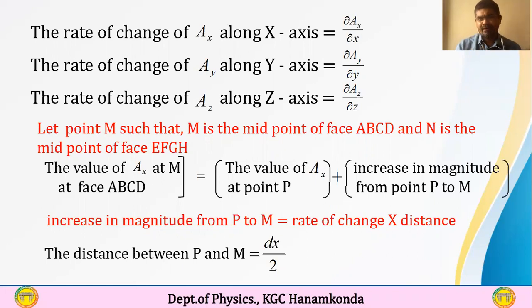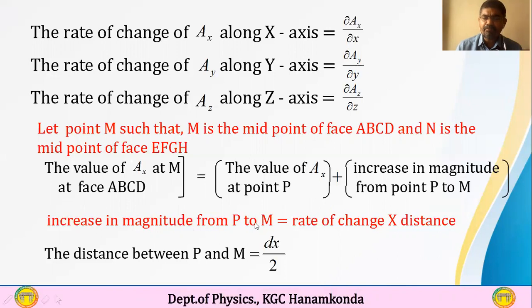Now, I am calculating the value of Ax at point M on face ABCD. Therefore, the value of Ax at M is given by the value of Ax at point P plus the increment when this field is expanding from P to M. When we add this increment to Ax, we get the total value at point M on face ABCD.